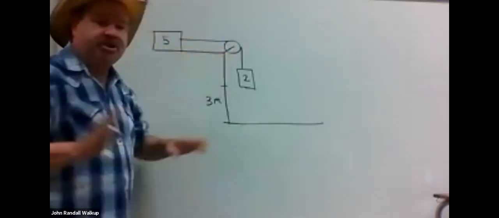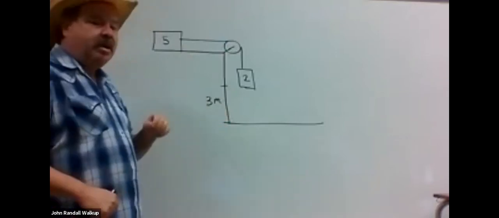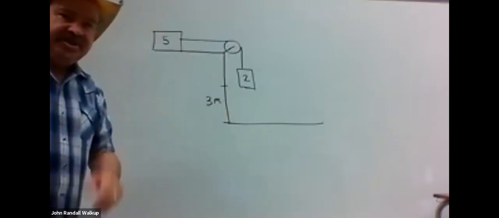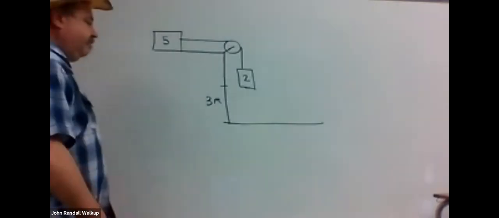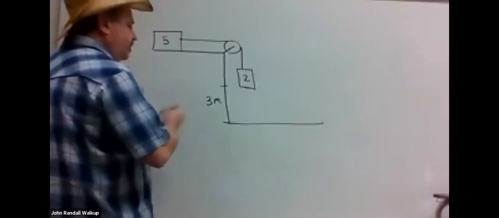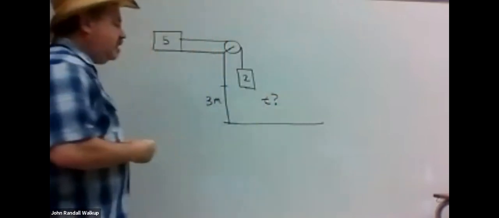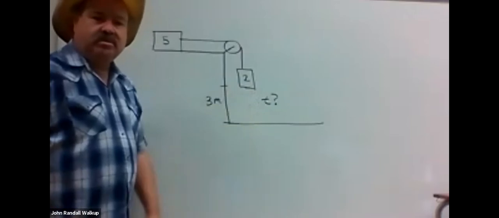This is frictionless. There's no friction anywhere in the system. Okay. We're going to cover friction next. So don't worry about being deprived of anything. And the question is, how long does it take for this object here to hit the ground?